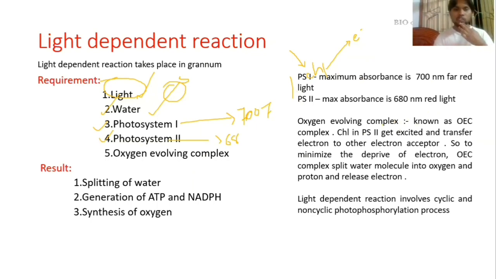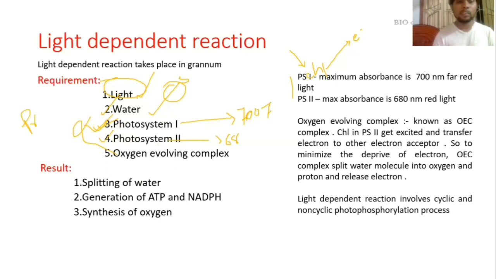Now, what makes photosystem 1 and photosystem 2 different? Actually, they differ in the presence of chlorophyll. We have different types of chlorophyll in plants: chlorophyll A, B, C. Photosystem 1 contains chlorophyll A, and photosystem 2 has chlorophyll B. One more important thing that makes them different is the protein.